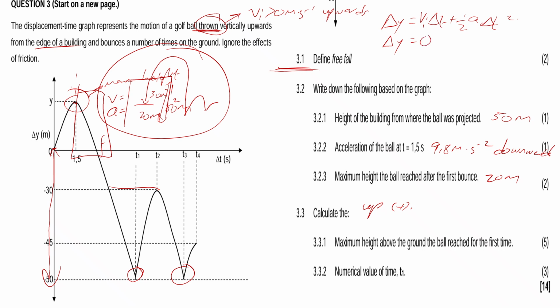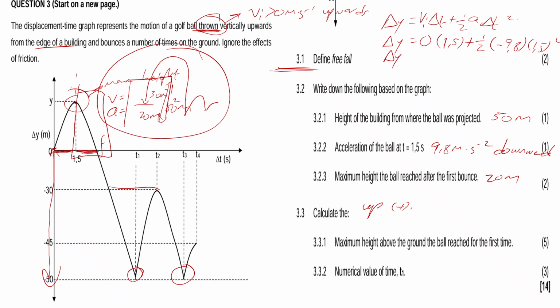Now let's calculate. The time taken to reach the initial position should be the same as the time taken to reach the maximum height from the initial, since acceleration is the same. So here it is 1.5, plus one half times negative 9.8, since upwards is positive and downwards is negative, times 1.5 squared.